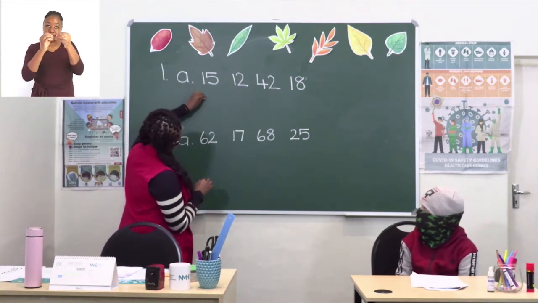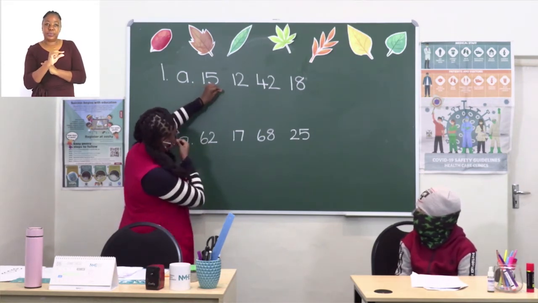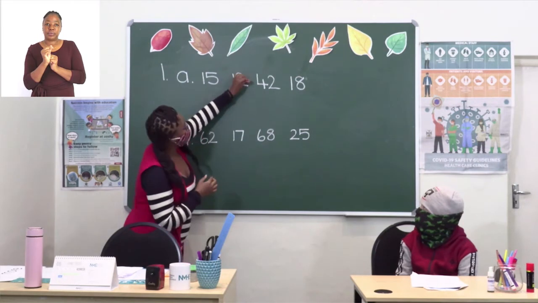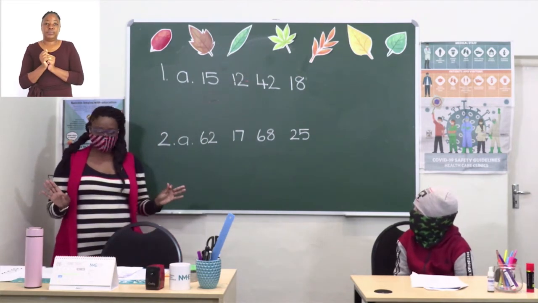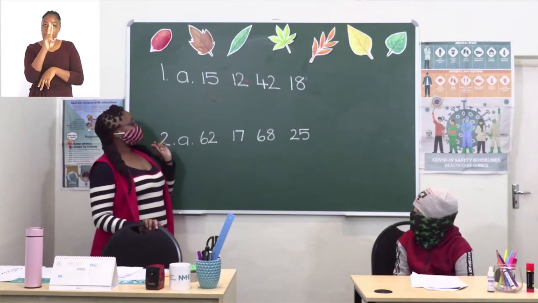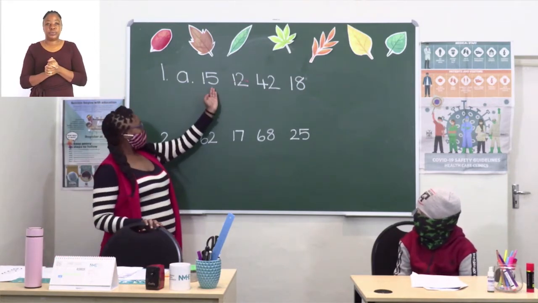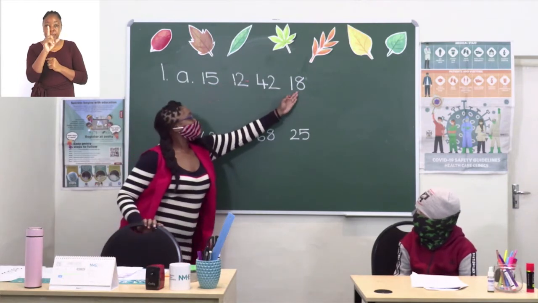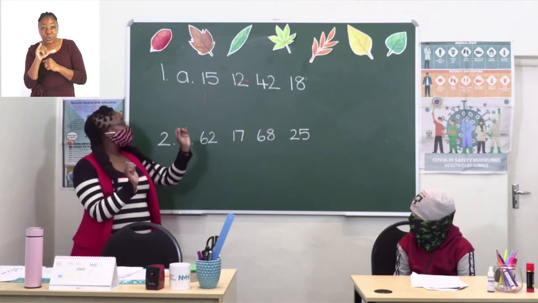So we write our number 12, and then we cancel our number 12 so that we don't use it again. Then we take a look at our numbers that are left. Here we have 5 and 8. The second digit, that is the smallest, remember?